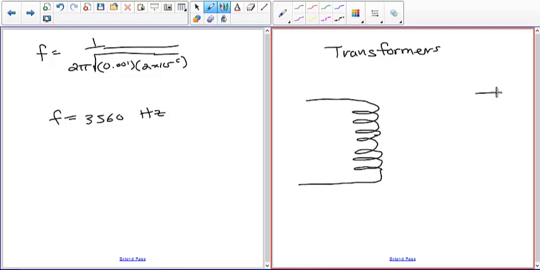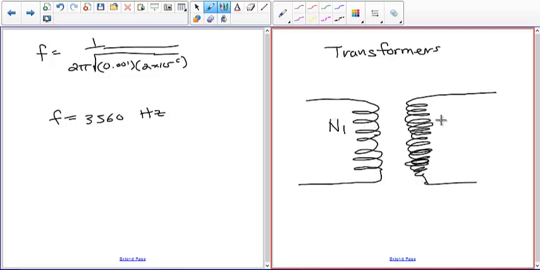So I'll make this one more loops. Okay. So this has N1 loops and this has N2 loops. You also usually have an iron core that goes like this.